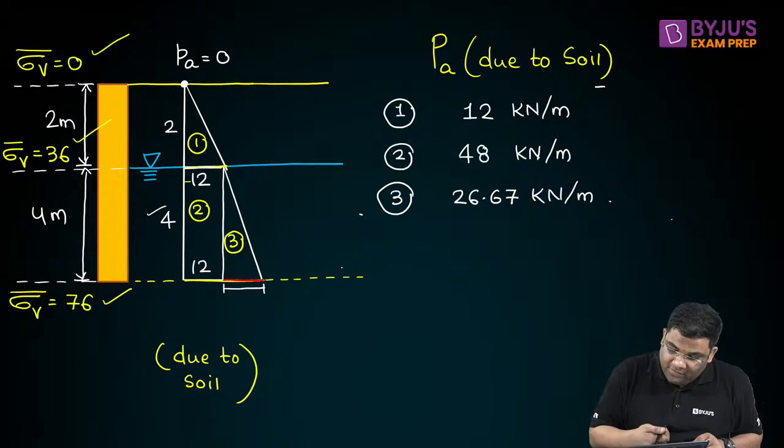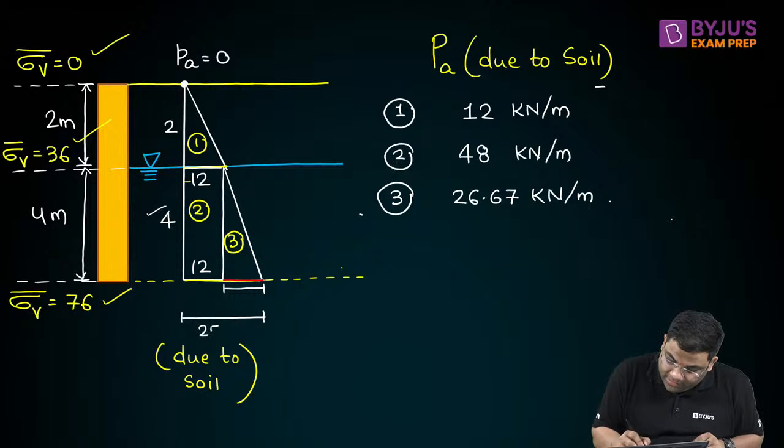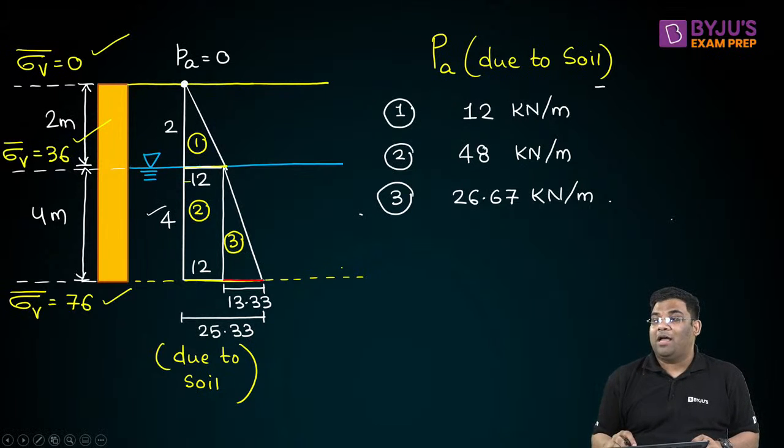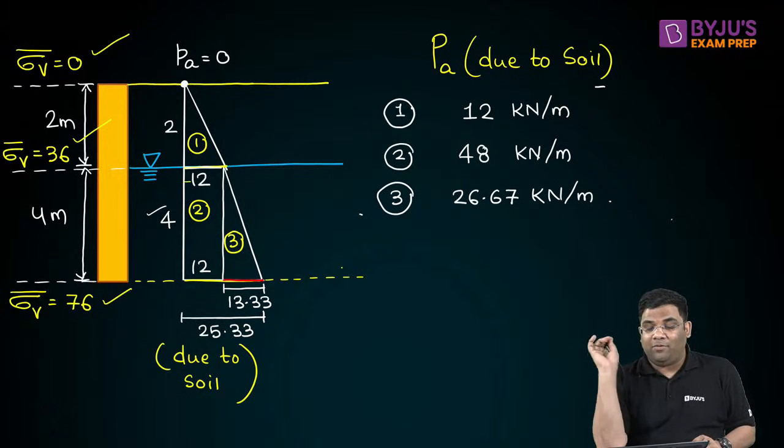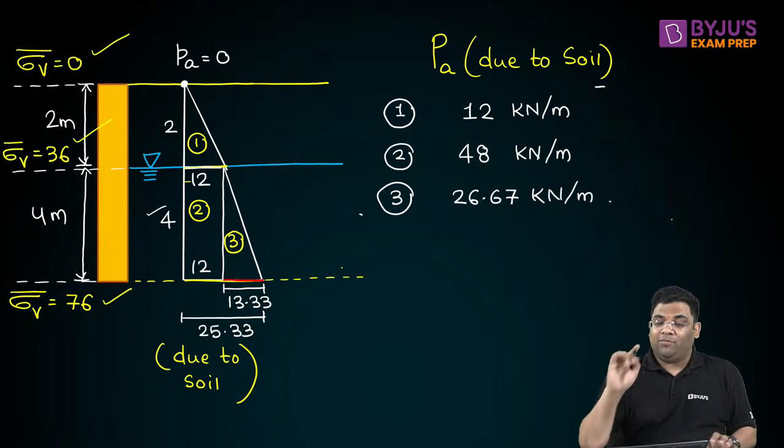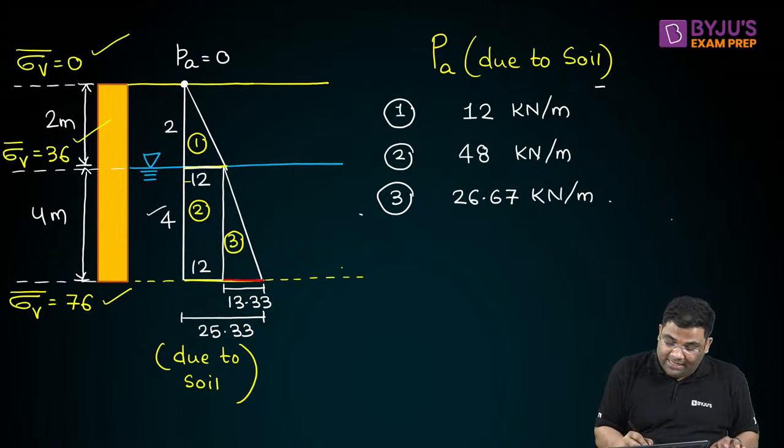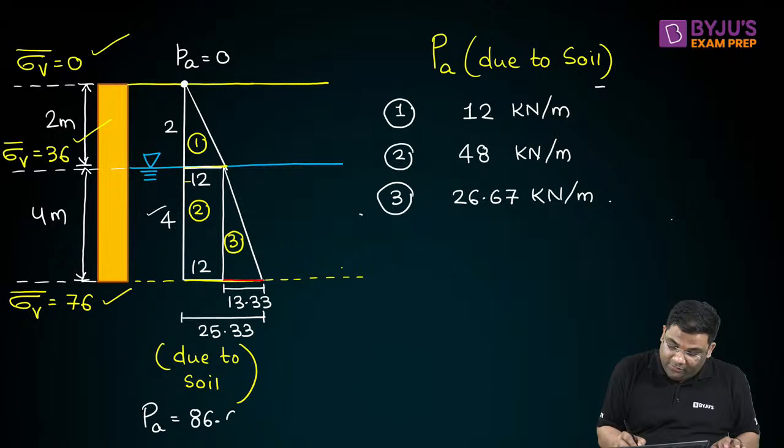This total was 25.33, and this was 13.33. You are not remembering any formula. Simply from the diagram, you're able to solve this. If you add all of these, due to soil, the active earth pressure you're getting is 86.67. Very good.